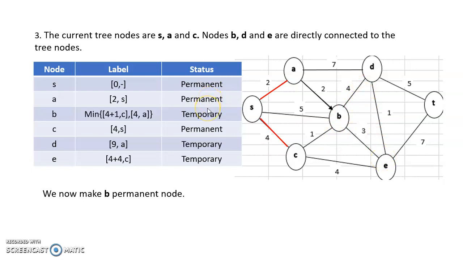So these three B, D, and E will be the current temporary nodes. The label for these will be like this. B has connections using both A and C. If you go from A, it was 4. If you go from C, it will be 4 plus 1. So you'll have to select the minimum of these two.